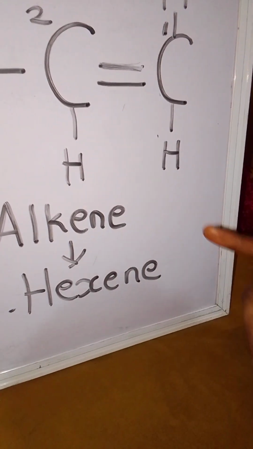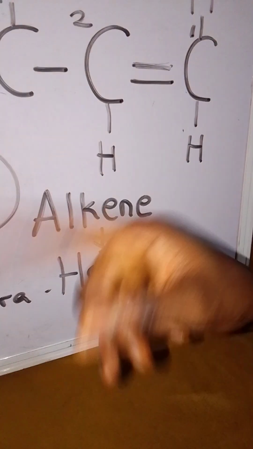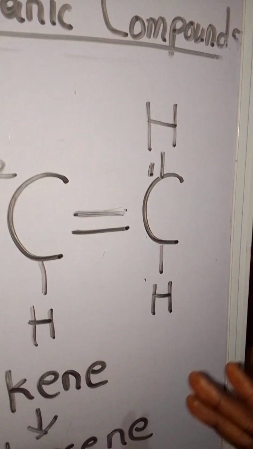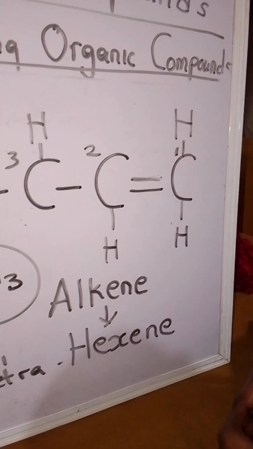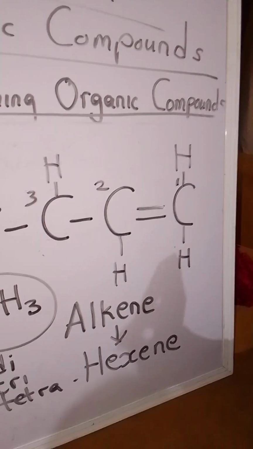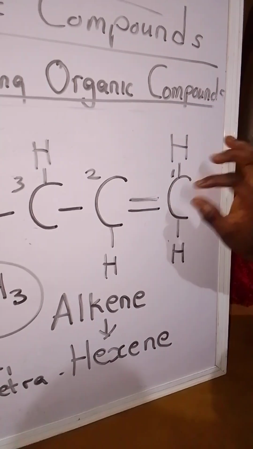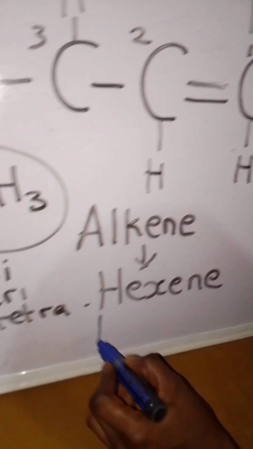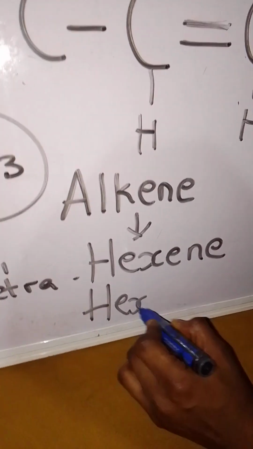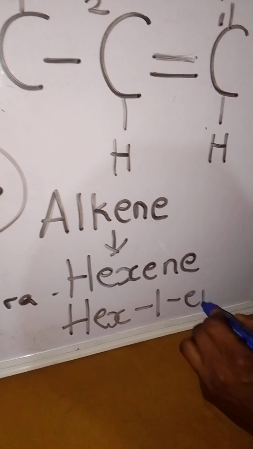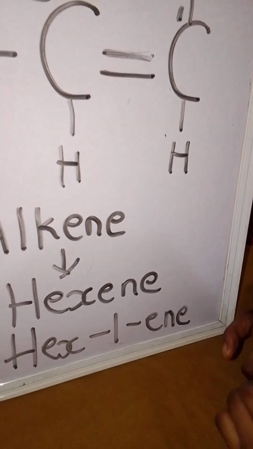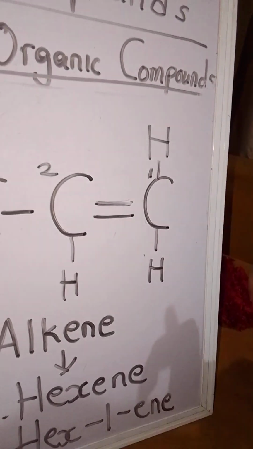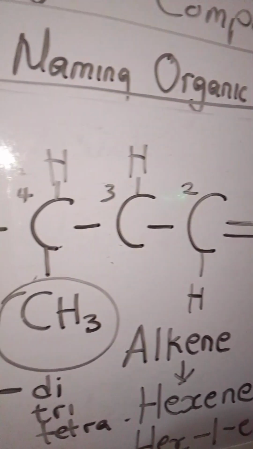Since the double bond is on carbon 1, you can write it as hexene, or you can decide to put a number to indicate that the double bond is on the first carbon. So you can write it as hex-1-ene. This means the double bond is placed on the first carbon, according to your numbering.